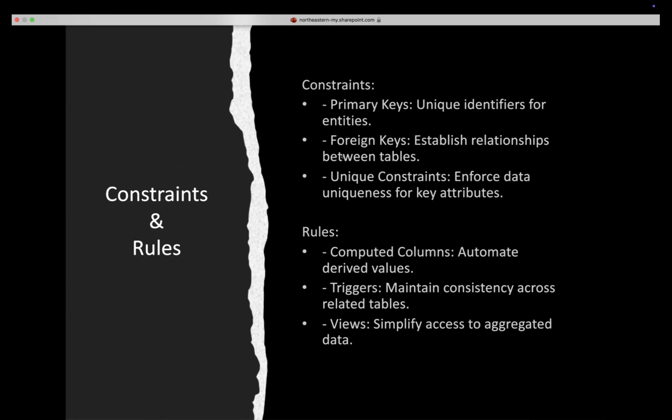There were 3 constraints: primary keys, which ensure unique identification of entities; foreign keys, which establish and maintain relationships between tables; and unique constraints, which enforce uniqueness for critical attributes. And the rules were computed columns, which automate calculation of derived values; triggers, which ensure consistency across related tables; and views, which provide simplified access to aggregated data.